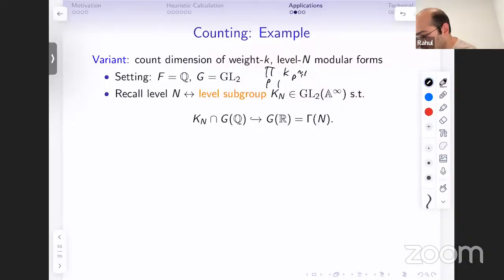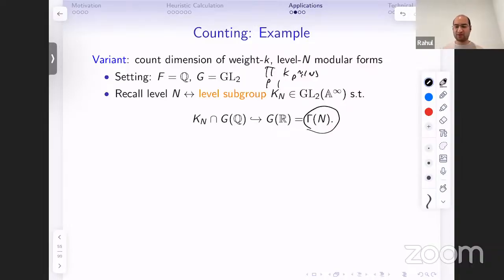You'd write this as p to the power that divides n. We're just going to shorthand it as living inside GL2 of A away from infinity, the finite adeles, instead of the product over all p. It's the same thing, just different notation. And the point is, level n corresponds to some level subgroup K_n, and some arithmetic lattice Γ_n.